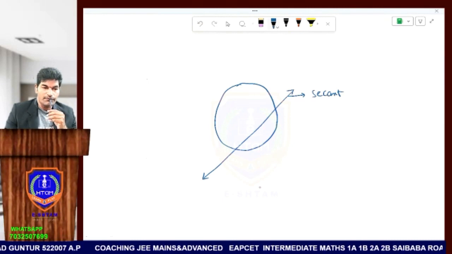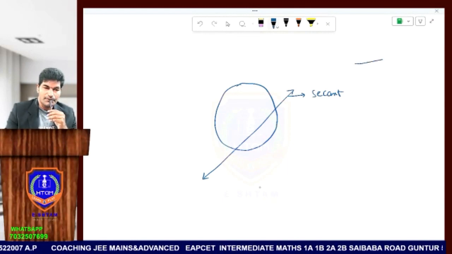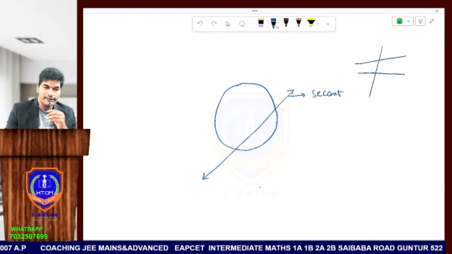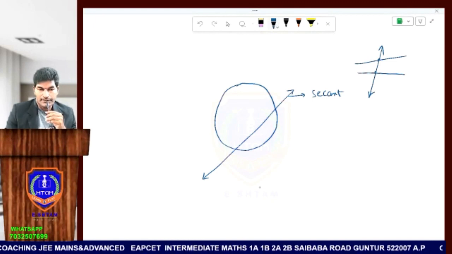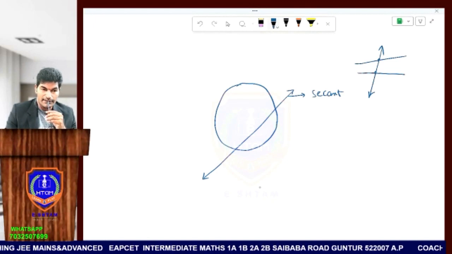That type of line is called a secant line. Especially it is also called a transversal, because a transversal is an arrow marked line that cuts two or more lines in some points. In this kind of situation, it is called a transversal.